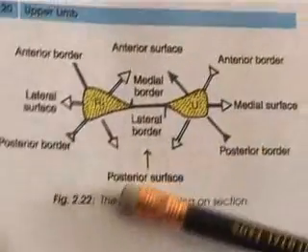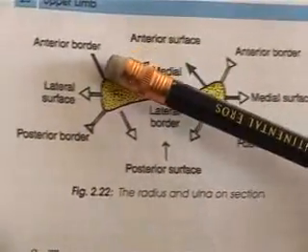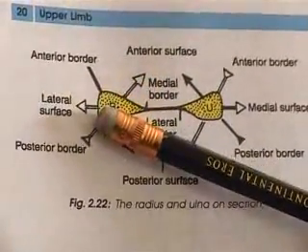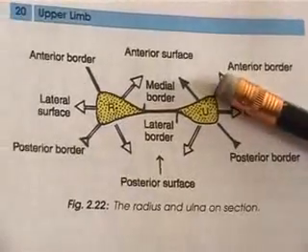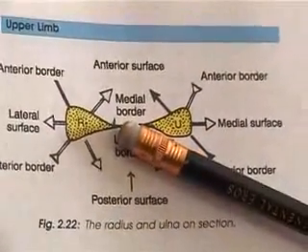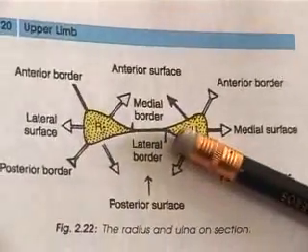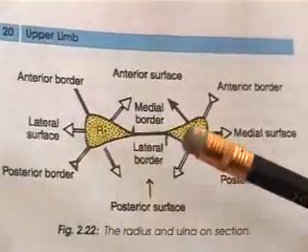This is a section of radius and ulna. The lateral surface of radius is big and the medial surface of ulna is big. Interosseous border is the medial border of radius and the lateral border of ulna.